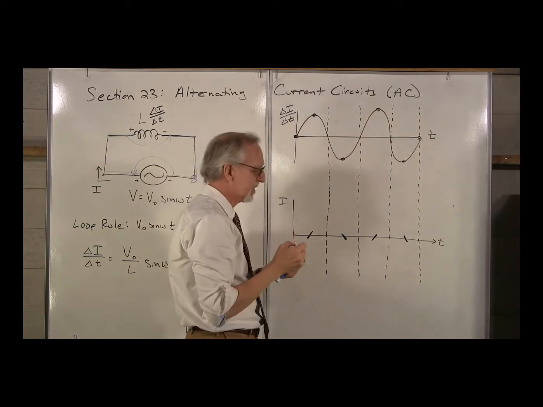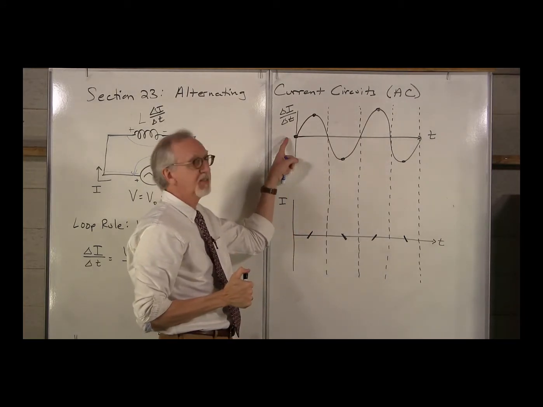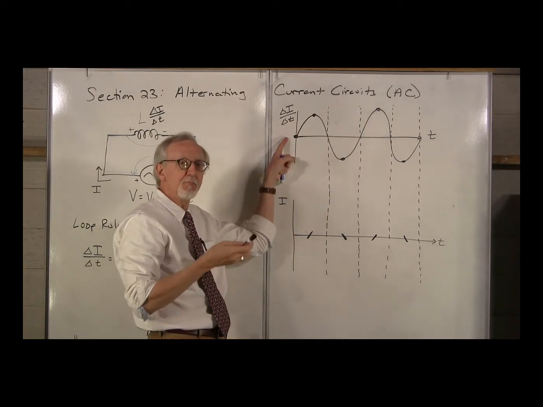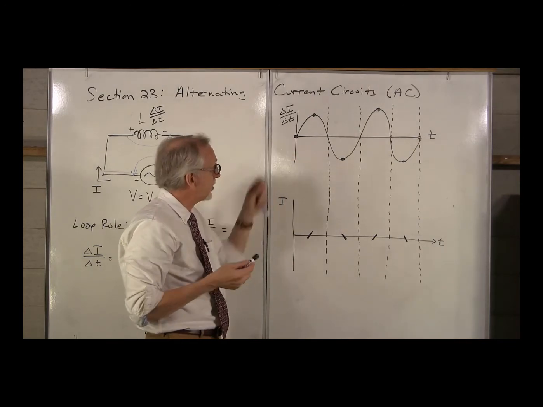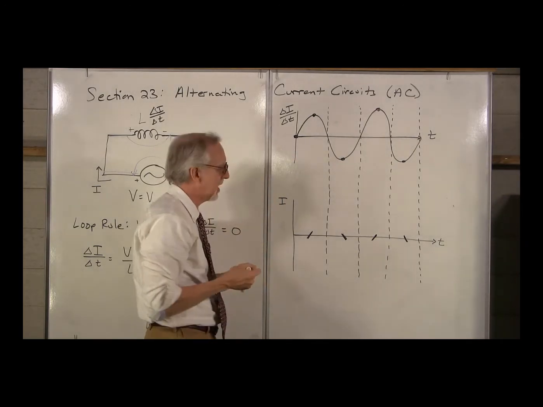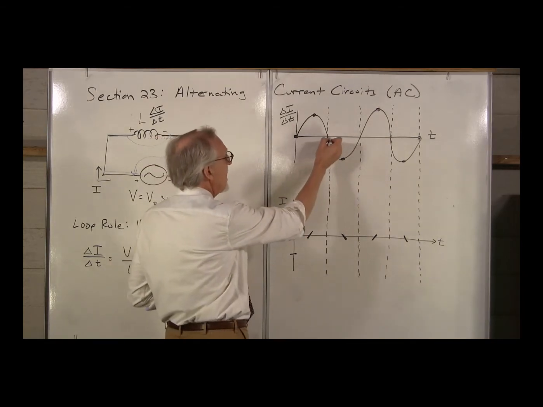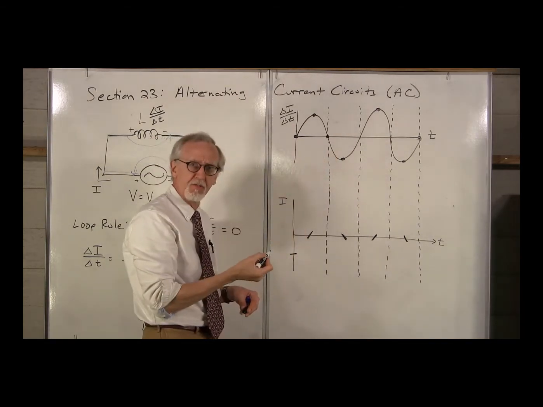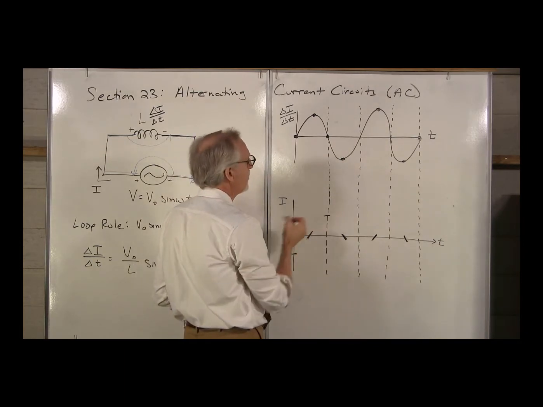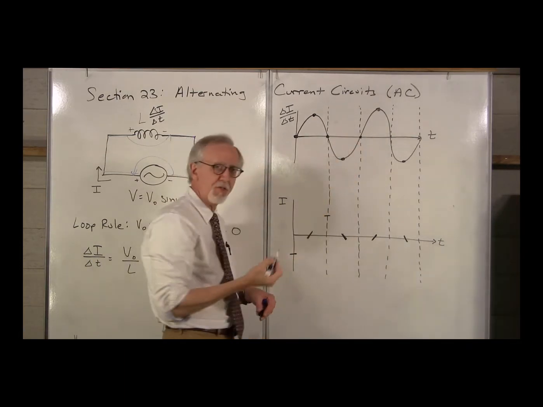This is telling us that the slope is 0, which means the curve must be flat at that point. So I'm going to draw a little flat line. Here, again, 0 slope, another flat line. Here, 0 slope, another flat line.